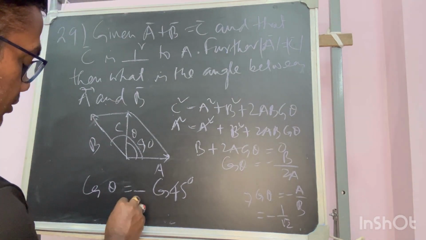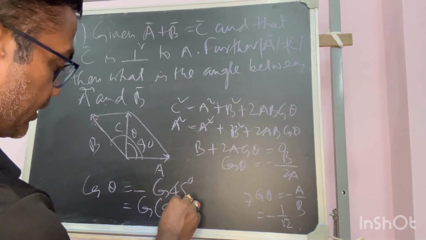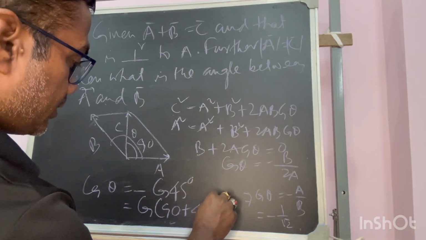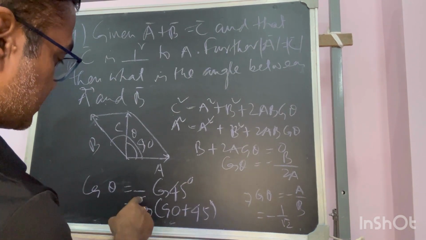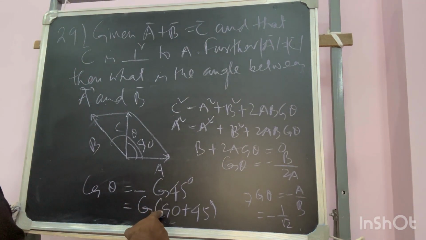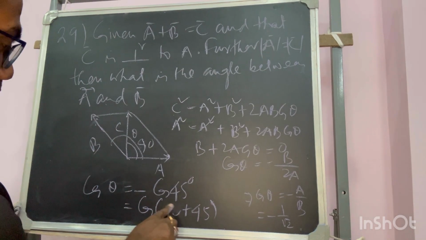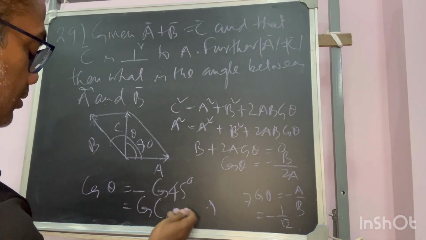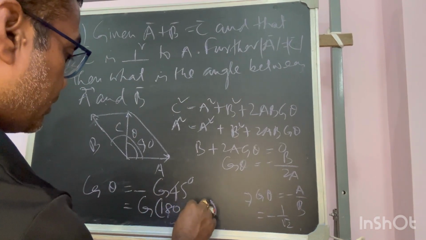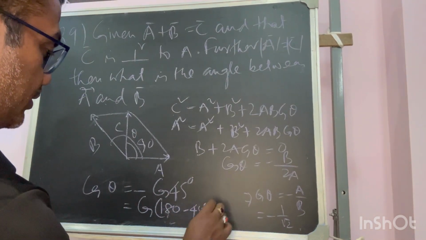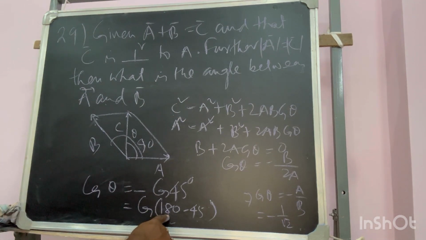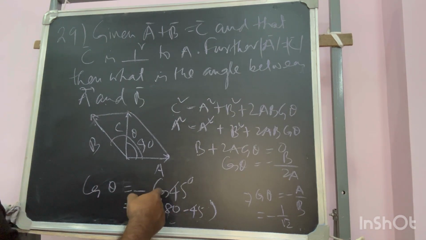So minus, how will it change? So cos of 90 plus 45 gives you the minus, because 90 will change to sine. This will be 180 minus 45. Cos 180 will remain as cos, and because in the second quadrant the minus will come.